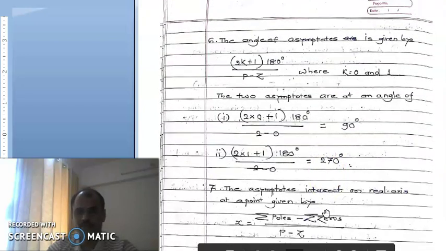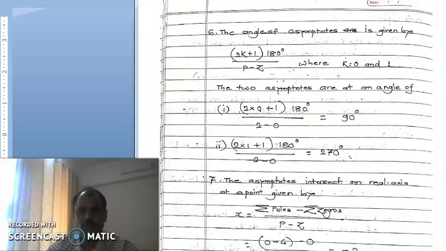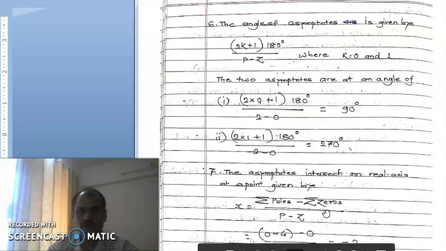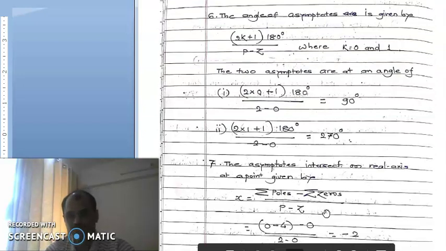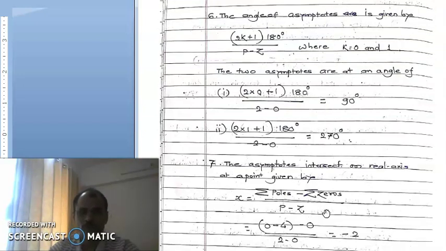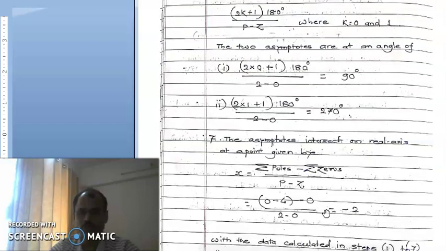Step number 7, the asymptotes intersect the real axis at a point x, the point of intersection, which is given by the summation of pole values minus the summation of zero values upon the number of poles minus the number of zeros.